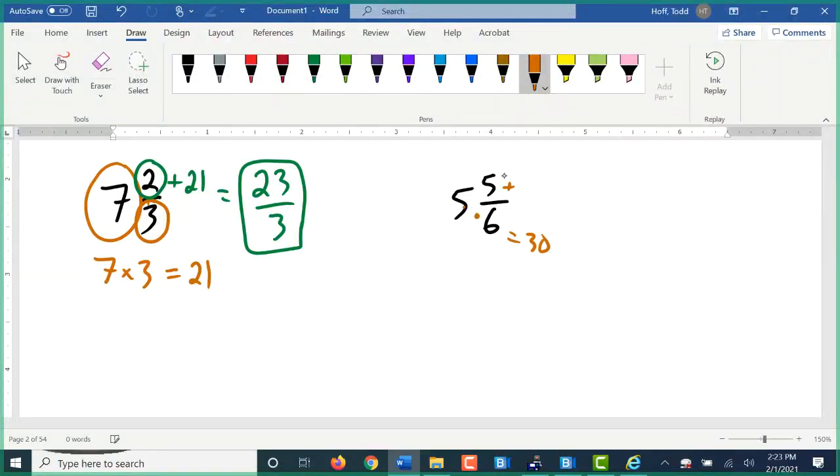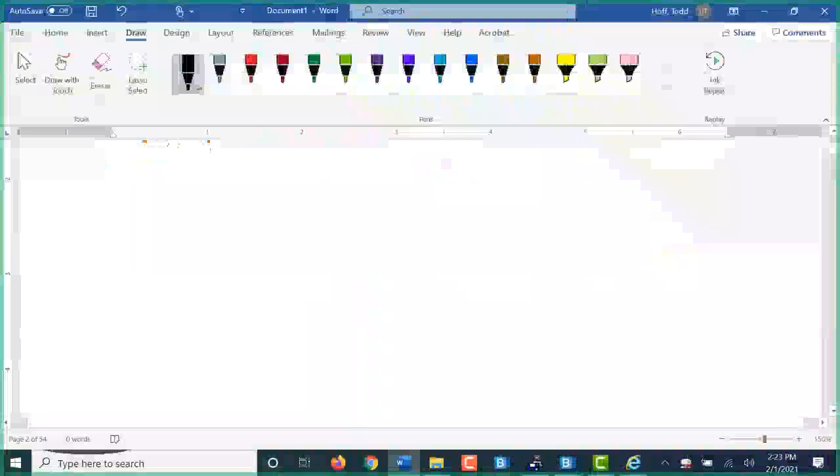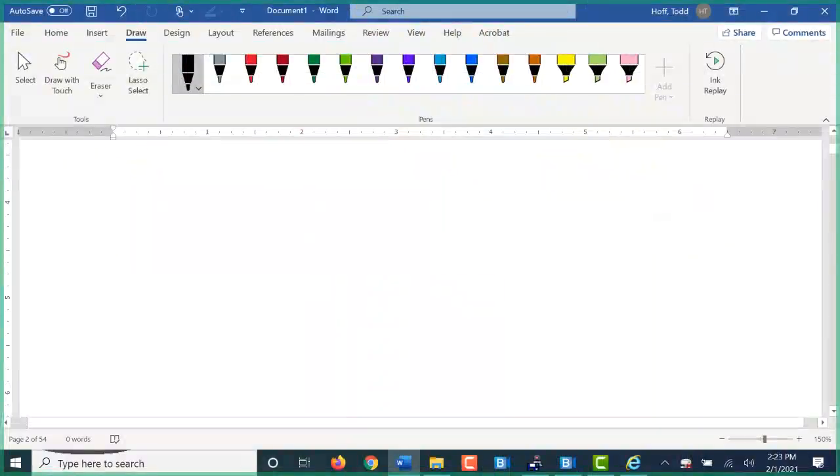And we add that to the pieces we have, which is the 5, to get 35. 5 plus 30 is 35. And we still have 6. So anyway, we can rename our fractions.